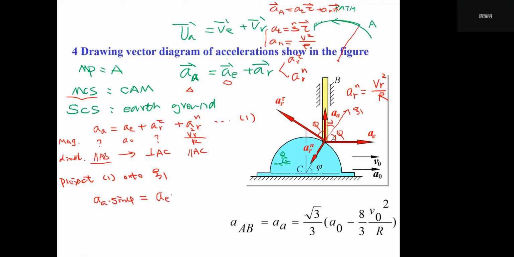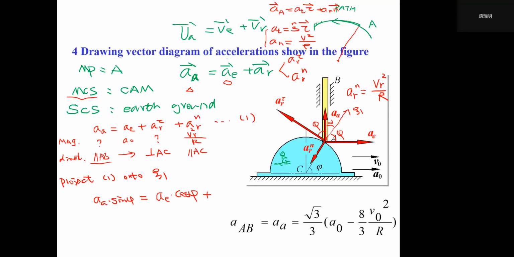So we should consider its direction: AE cosine phi is along the positive direction of conceive 1, so this is positive. Then AR tau, because it's perpendicular to this conceive 1, its projection onto here will be 0. That means we do not need to consider this anymore.